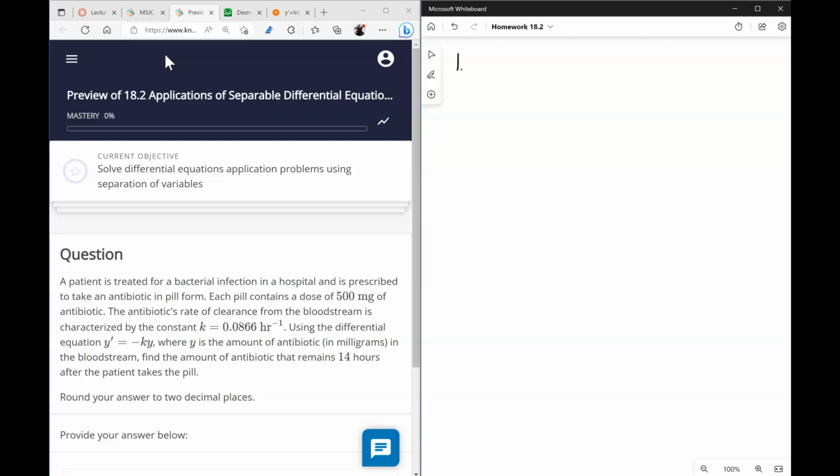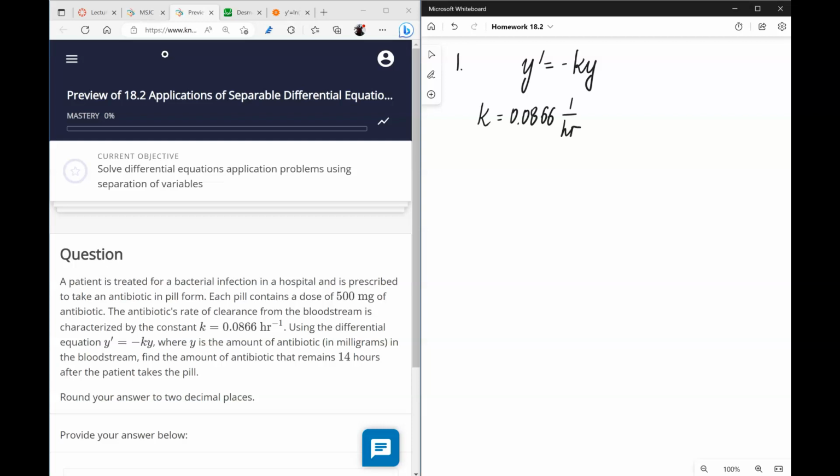what do we understand here? We understand that we clearly have some equation here, and we are clearly given k, even with some units here.